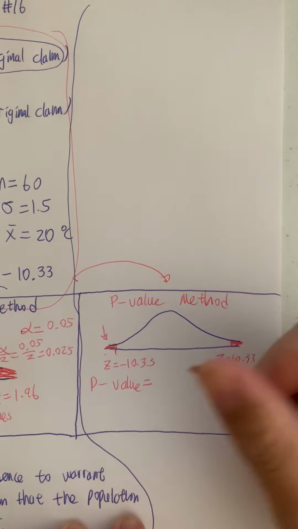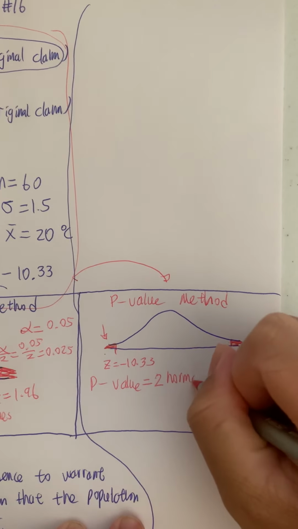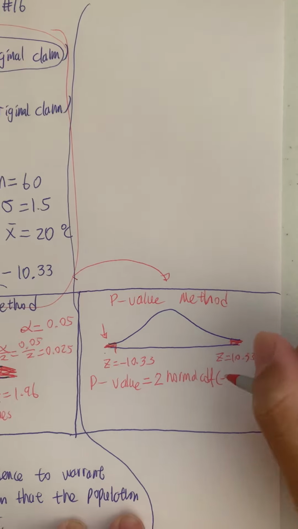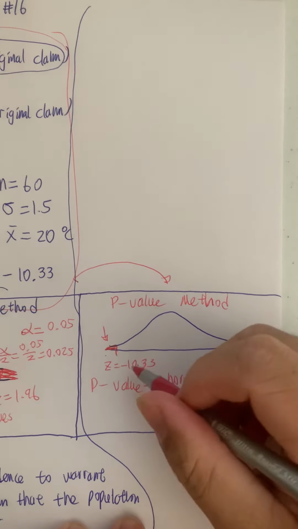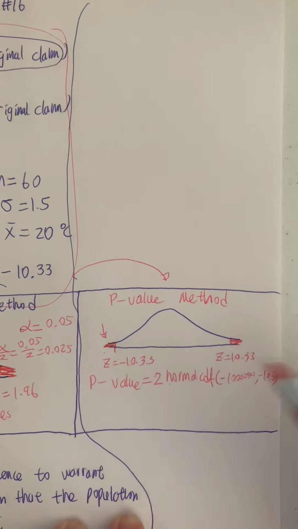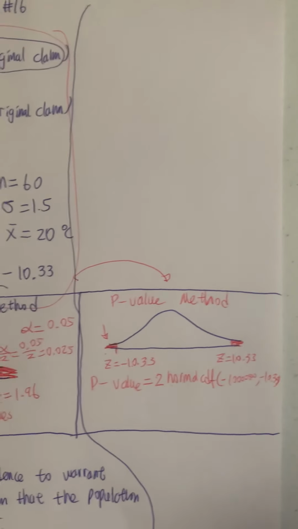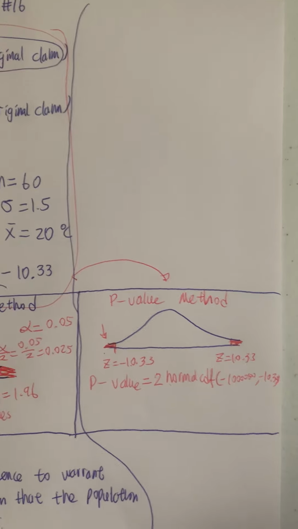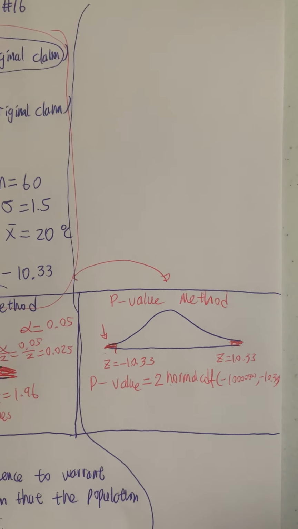So the p-value equals 2 times normalcdf, with lower bound negative infinity, or a big negative number, and upper bound negative 10.33. I just compute this area and multiply by 2. So put it in the calculator.